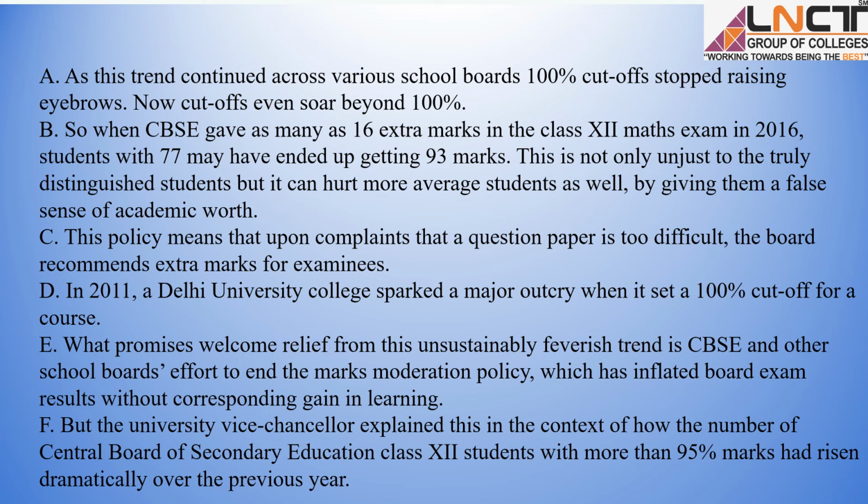We have D followed by F followed by A followed by E and C, and the last sentence is B because it talks about something that goes against the whole idea. So when CBSE gave as many as 16 extra marks. Correct. So the order once again is D, F, A, E, C, and B.